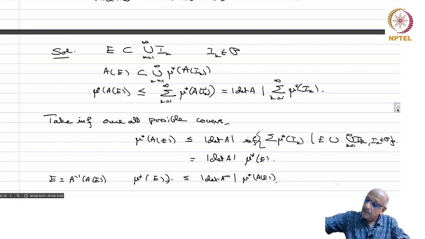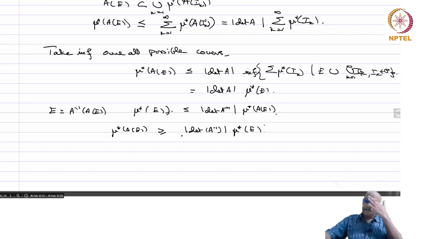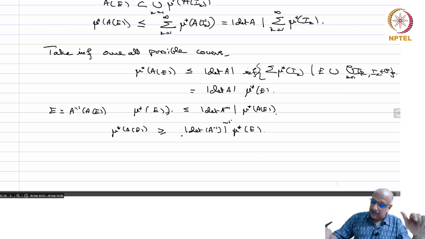Therefore, mu star of AE is greater or equal to mod determinant of A inverse to the power minus 1 times mu star of E.